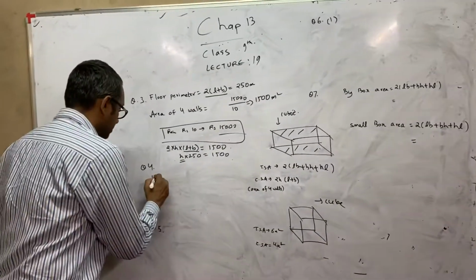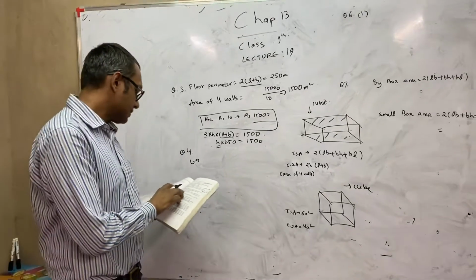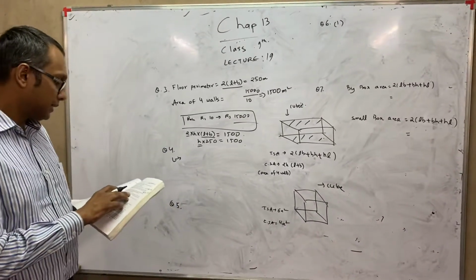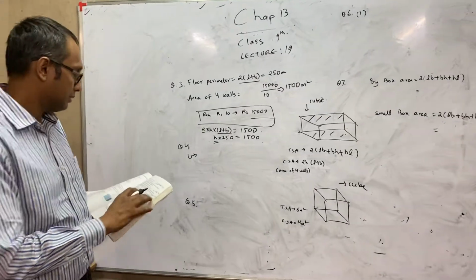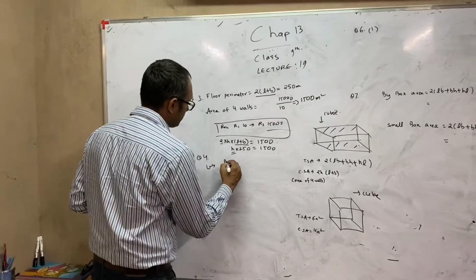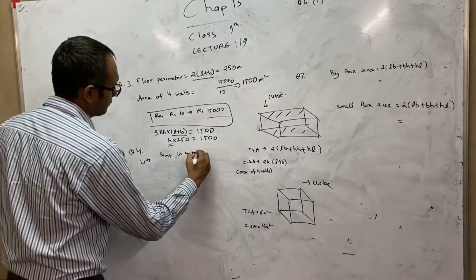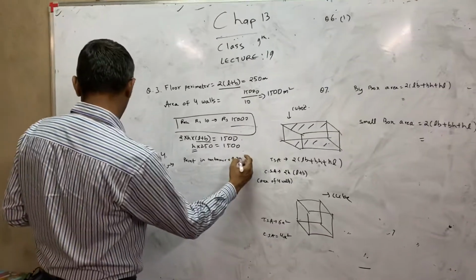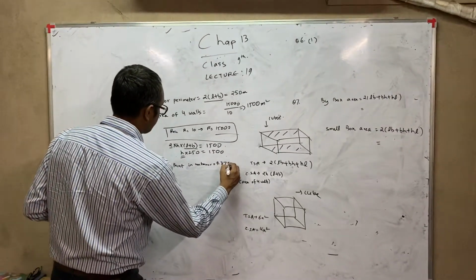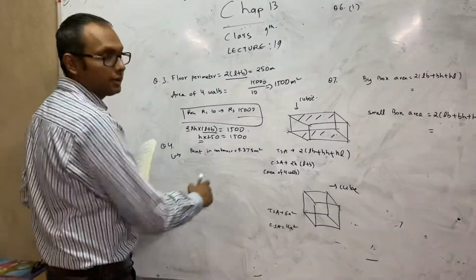Now we move on to question number 4. The paint in a certain container is sufficient to paint an area equal to 9.375 meter square. So paint in container is equal to 9.375 meter square. And just for a second, let us write this in centimeters.